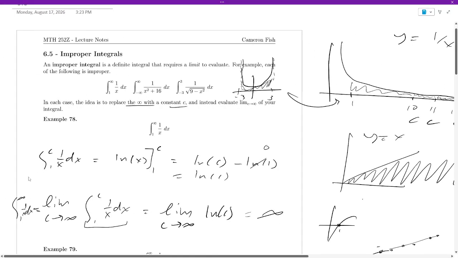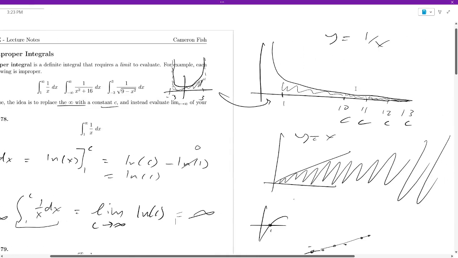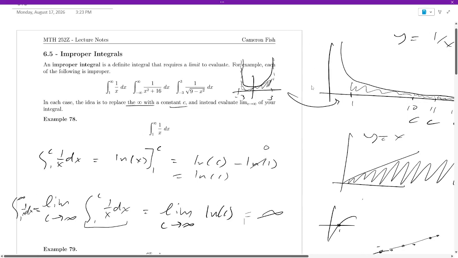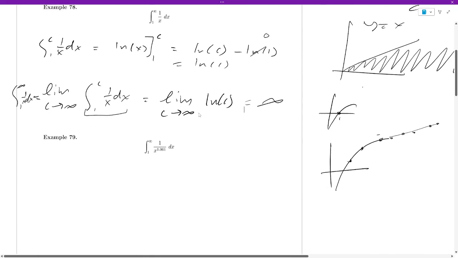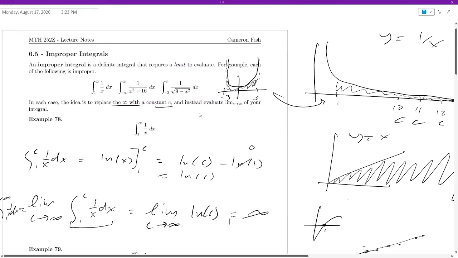Now this is surprising, right? 1 over x, it looks like the outputs, the y values, are getting close to 0. But it turns out that when you integrate them, you can always make the integral as big as you want, as long as you pick c to be large. That's actually not going to be the case for some very similar integrals.